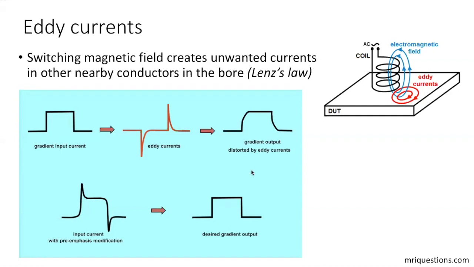If they know this is the type of eddy current that will be present, they input the gradient waveform with a pre-emphasis modification, and ultimately you get the gradients that you want. So you don't have to totally think about them, but they are present, and they typically come up in B0 mapping. They could play a role.